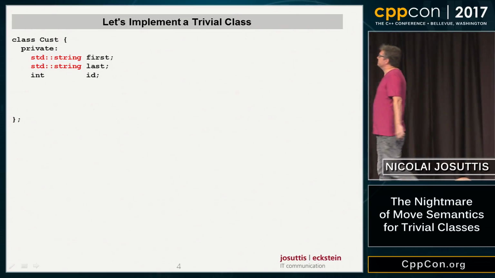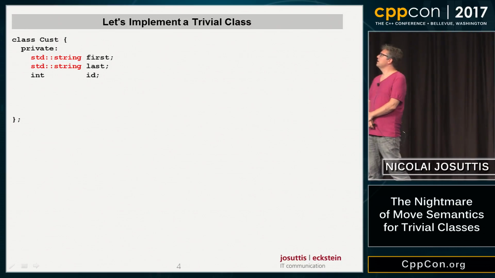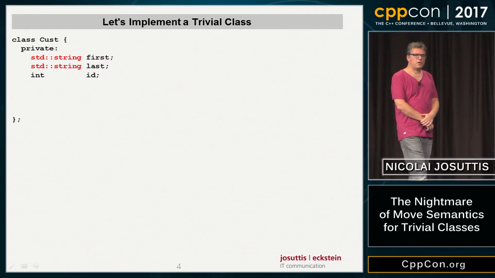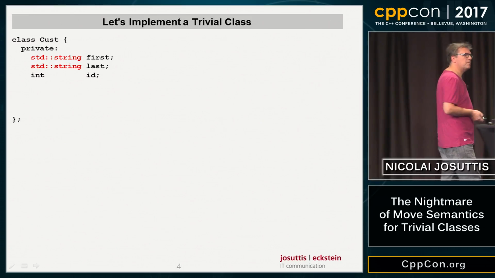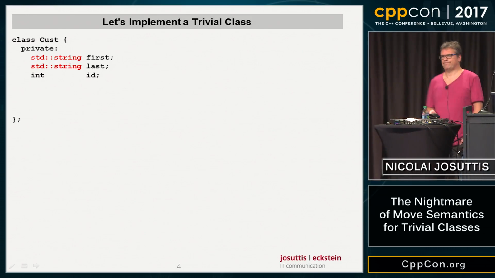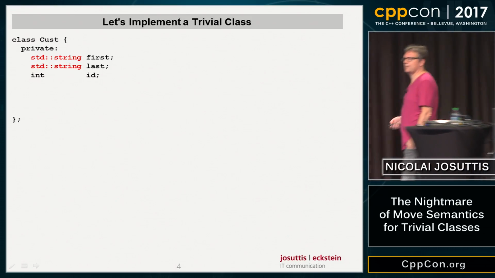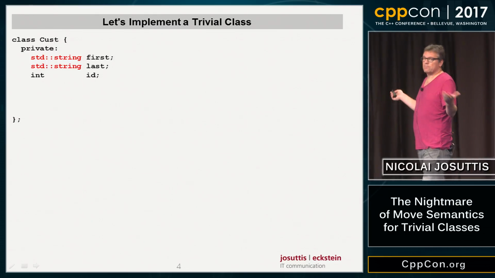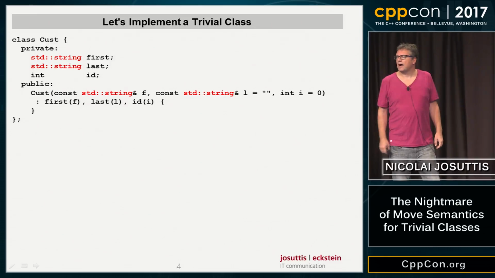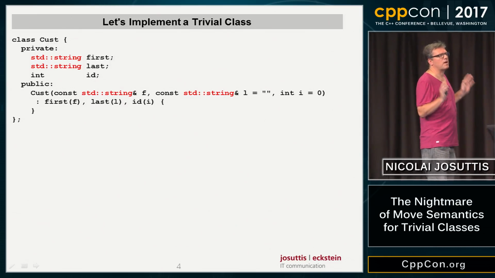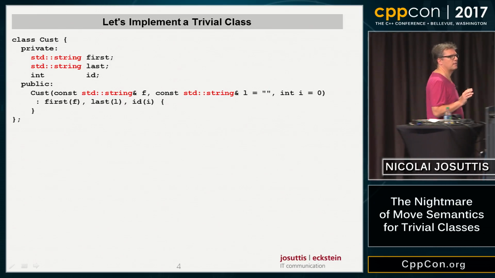The class is a class Customer with 3 members, a first name, a last name, and an ID. And the first name and the last name are strings. So what's the problem here? Well, first of all, we need a constructor. And I will only talk about this constructor the whole hour, nothing else.